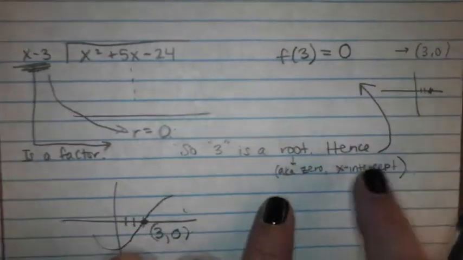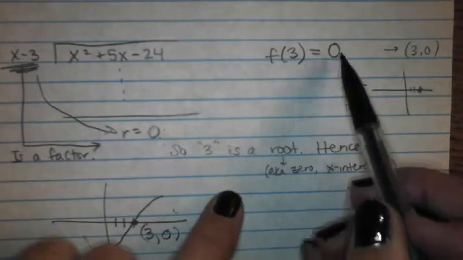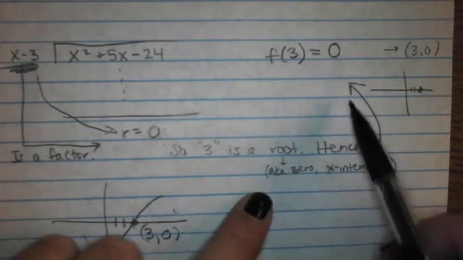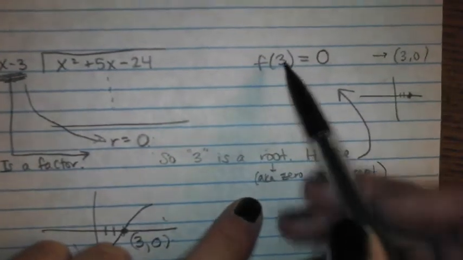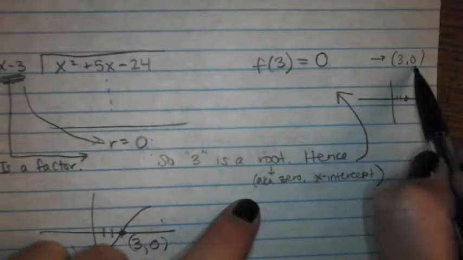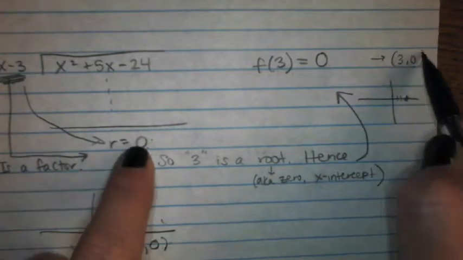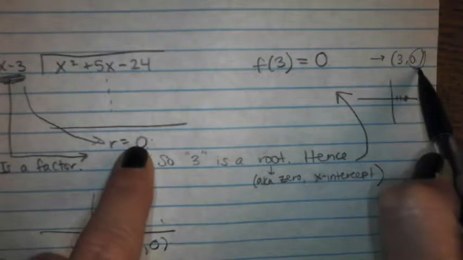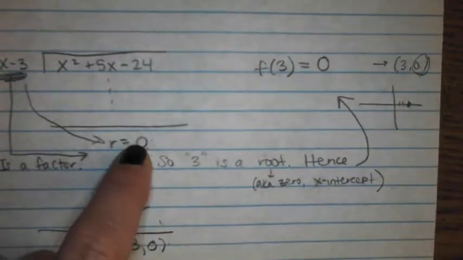We all agree that's the point (3, 0) if it's a root, and the remainder was 0. Does that make sense? So I kind of write this, f of 3 equals 0. When something is a root, it's an x-intercept, so this is the point (3, 0), and therefore your remainder kind of shows up as the y-coordinate that goes along with that x-coordinate.